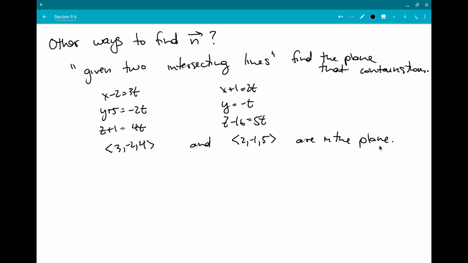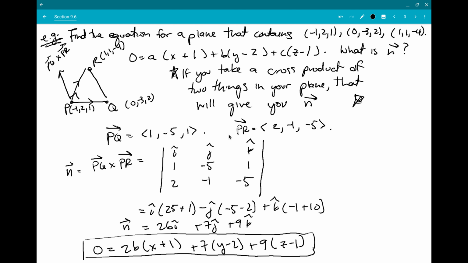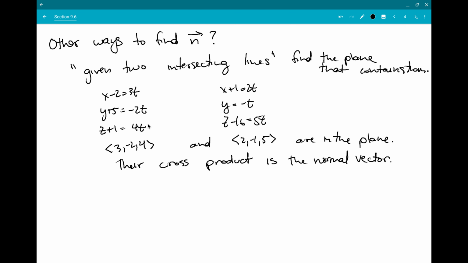If we know the vectors are in the plane, we know their cross product is the normal vector. And so you go ahead and follow the same steps we did on the prior problem. You take that cross product to get your normal vector, and then to get your point that you know is in the plane, you could find any point that belongs on either of these lines.